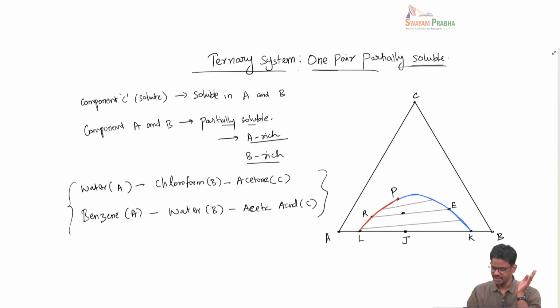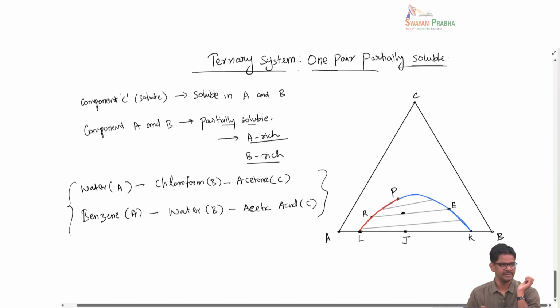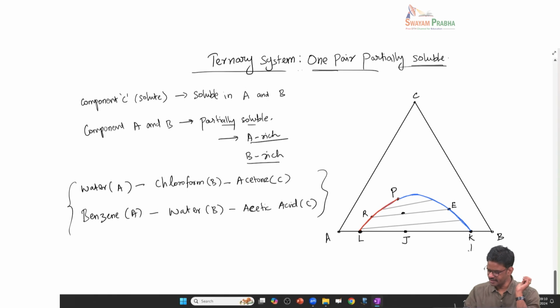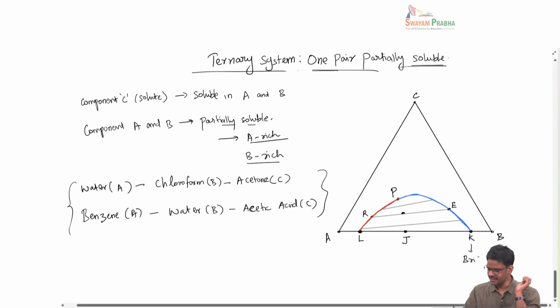One will be rich in A corresponding to point L, and another one corresponding to point K. So this point K is the B rich phase and point L is A rich. So that is one feature.